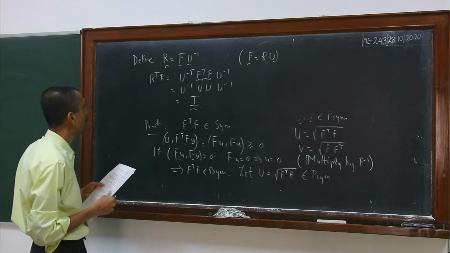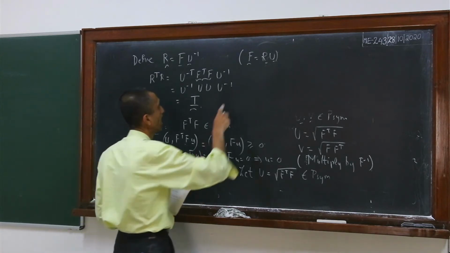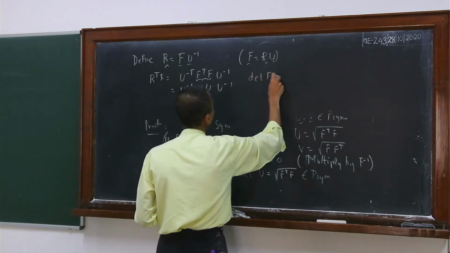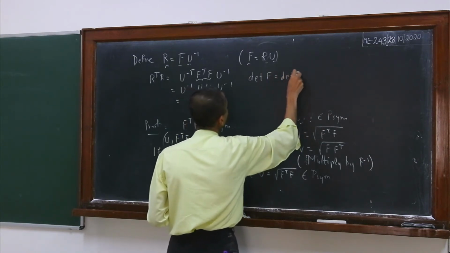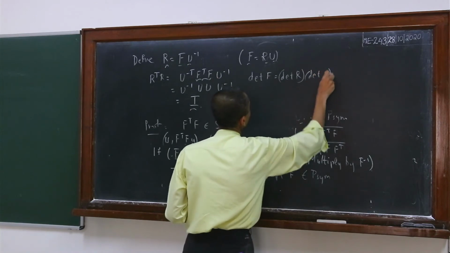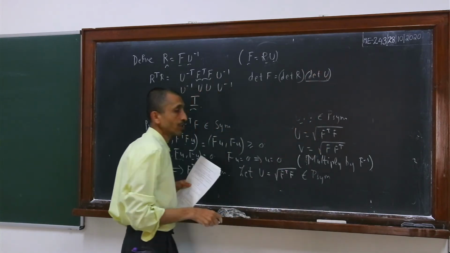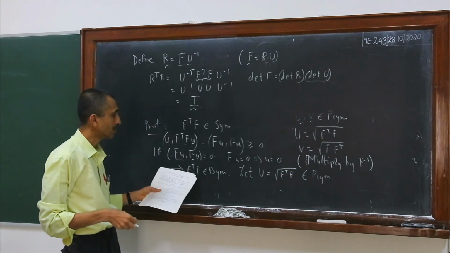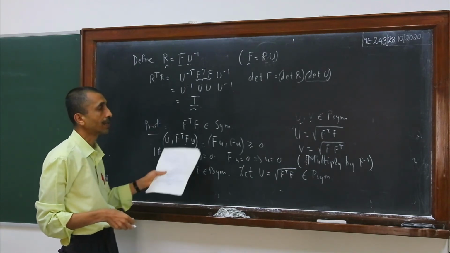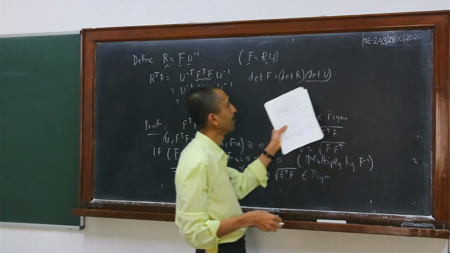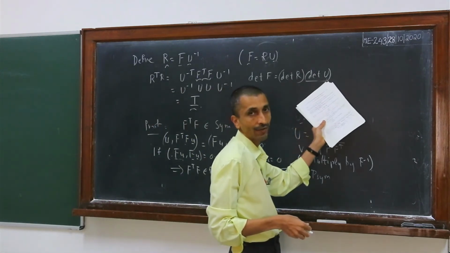Now let us look at the determinant of this. The determinant of F is equal to the determinant of R times the determinant of U. The determinant of U is always going to be positive because U is a symmetric positive definite tensor, and so all its eigenvalues are positive, and the determinant is simply the product of all the eigenvalues, which are all positive.